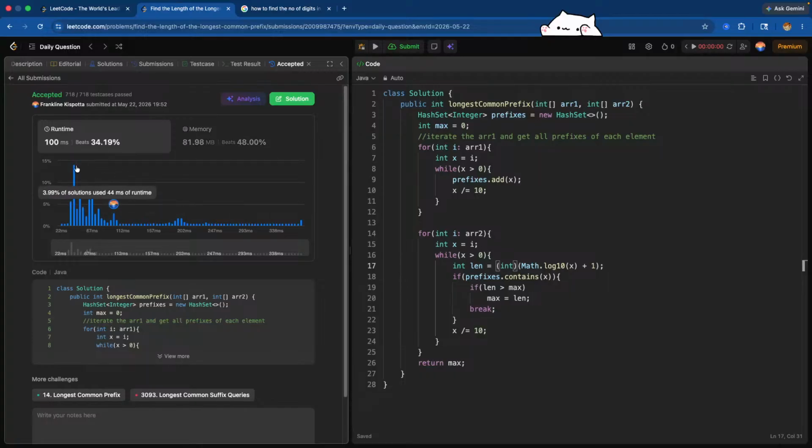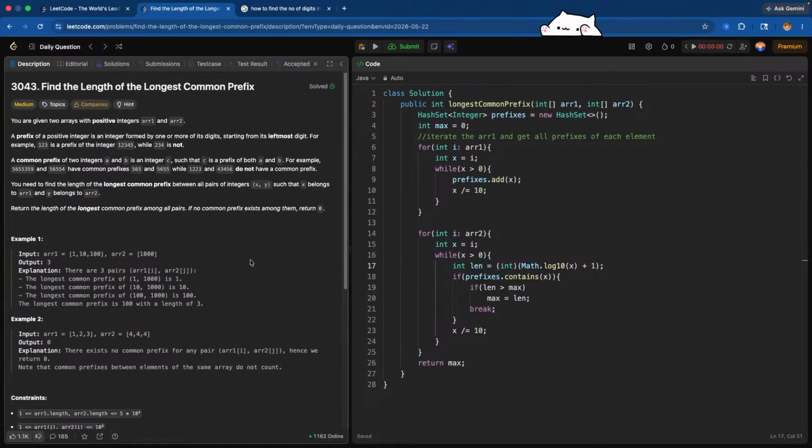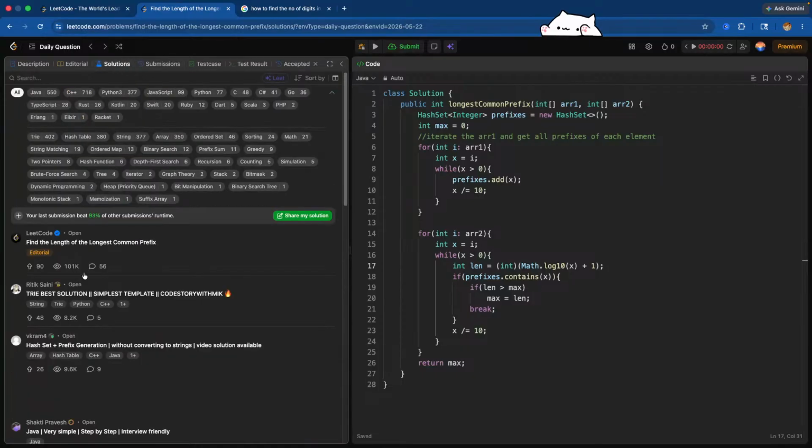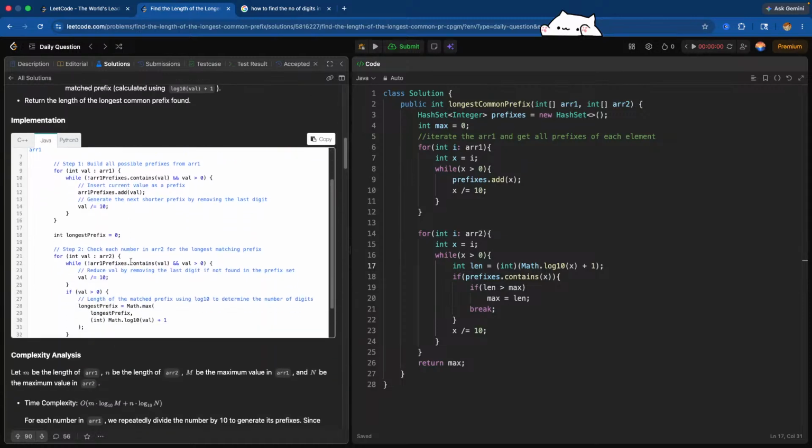It is still slower than the prefix tree though. What's the time complexity of this?